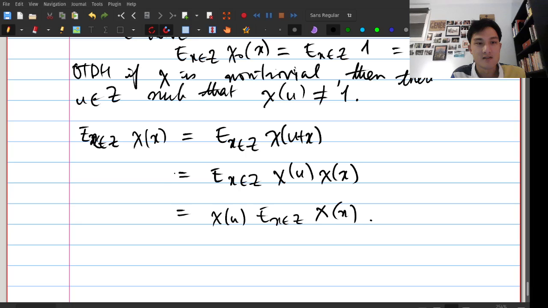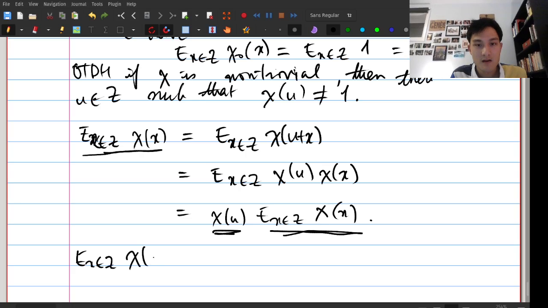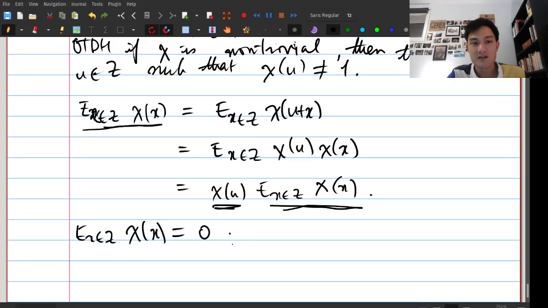But what have we done? We've shown that this is not 1, but somehow this expectation and this expectation are the same on both sides. So what do we have to conclude? We have to conclude that the expectation over x in Z of chi(x) is equal to 0.